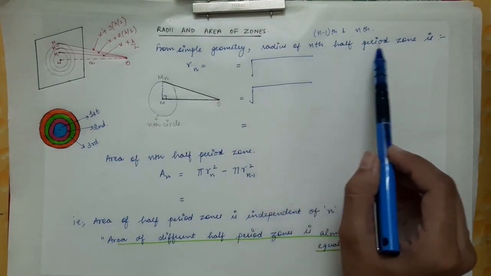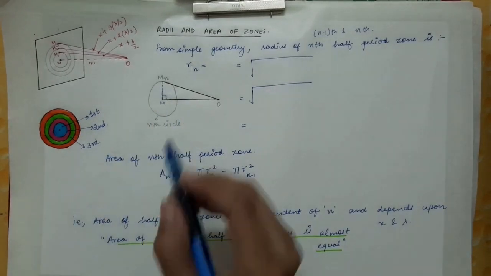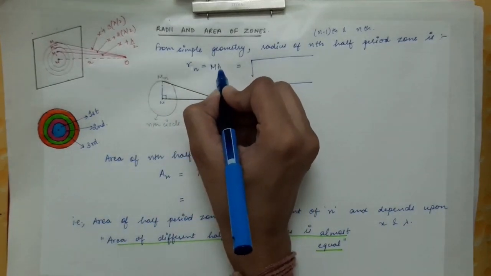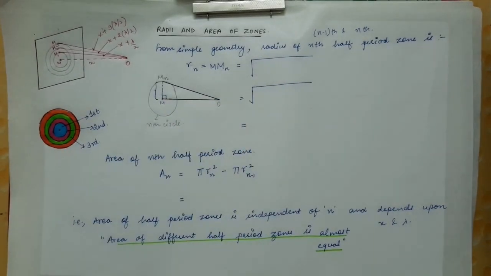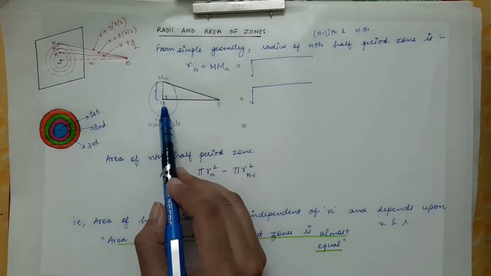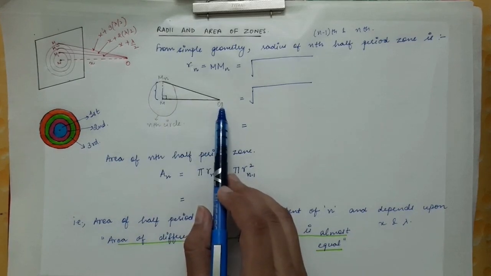So the radius of the nth half period zone will be the same as the radius of the nth circle. So this distance has to be found. This will be the radius of the nth circle, and this is nothing but the perpendicular. So we will be using the Pythagoras theorem over here.